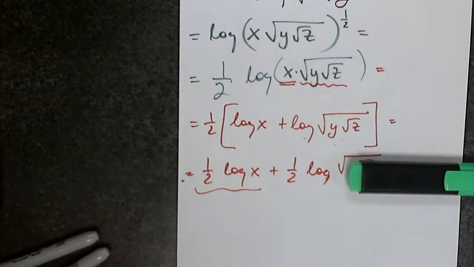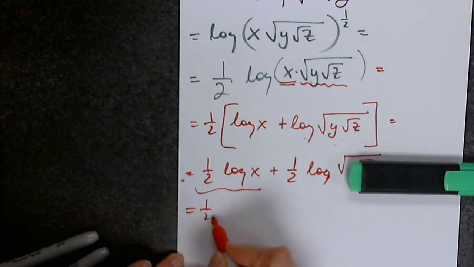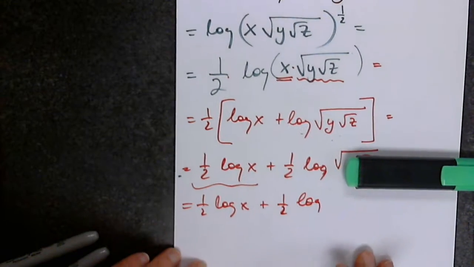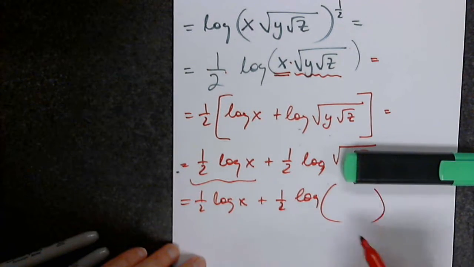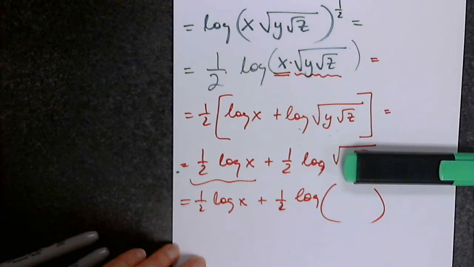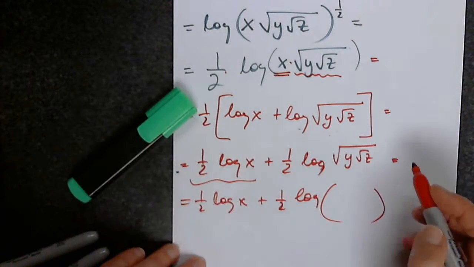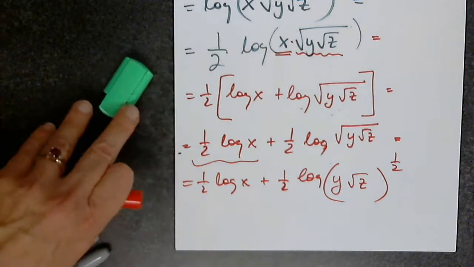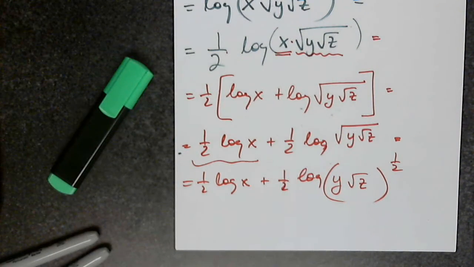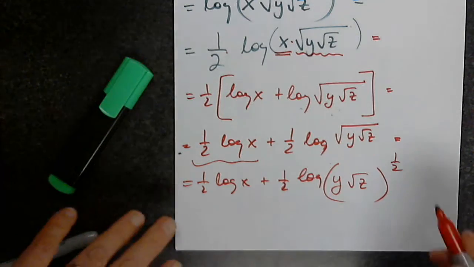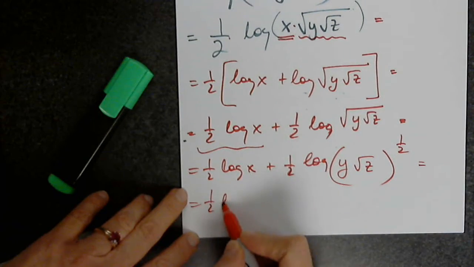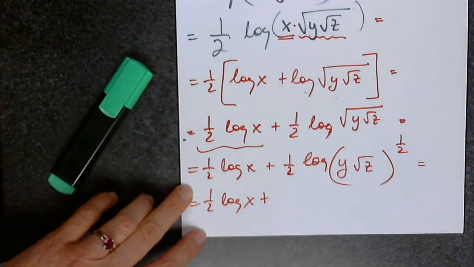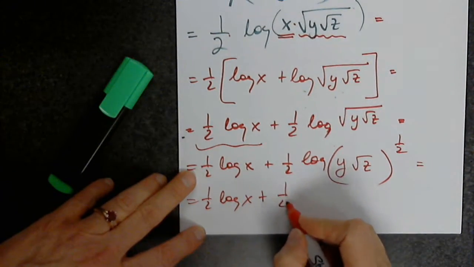Okay, so now this is 1/2 in front, log x plus 1/2 log blah, blah, blah, raised to which power? Yes. So y the square root of z. Are we okay so far? Good. So now, 1/2 log base x plus, exactly, thank you, 1/4.